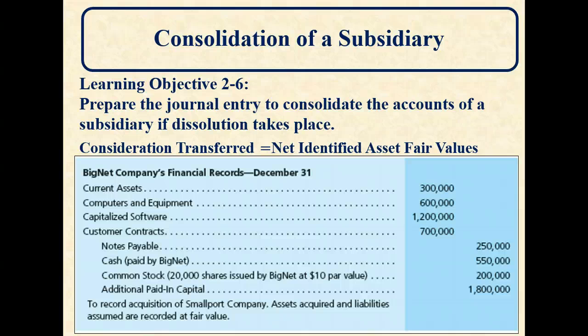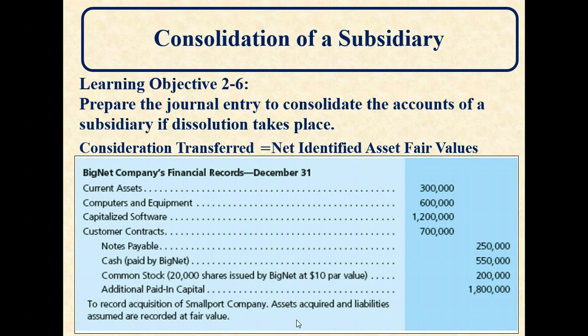We also, I believe, paid cash of $550,000 along with, and we acquired their notes payable. So in this case, what we've done is show the issuance of common stock for $20,000. We always keep the par value separate from the paid-in capital. You know what I'm talking about there?